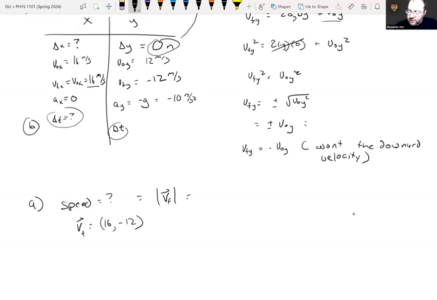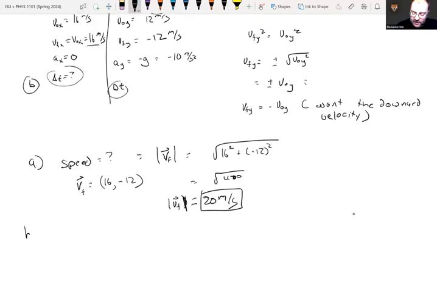So we'd use the Pythagorean theorem: 16 squared plus negative 12 squared, take the square root of that. 16 squared is 256, 12 squared is 144. 256 plus 144 is the square root of 400. Turns out that the magnitude of v final is just equal to 20 meters per second.